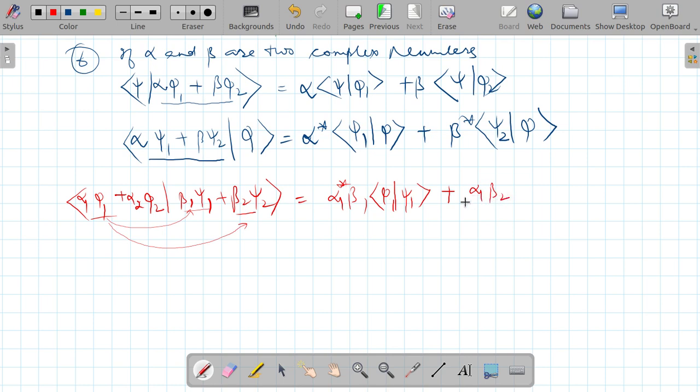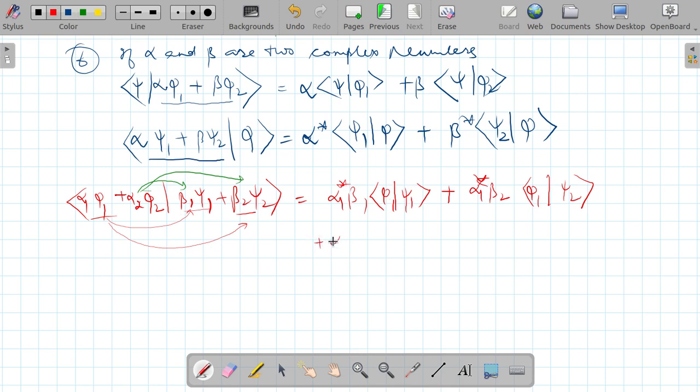Here again it is with the bra vector, so its complex conjugate we have to take. So it is phi 1 and psi 2. Similarly, I will talk about the product of this and this. First of all, if I multiply, then alpha 2 beta 1 can be taken outside.